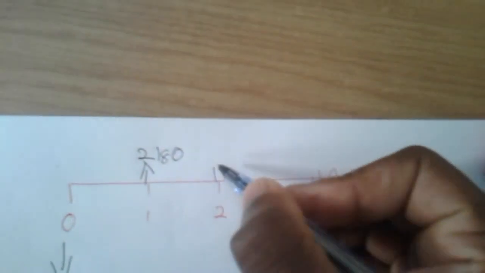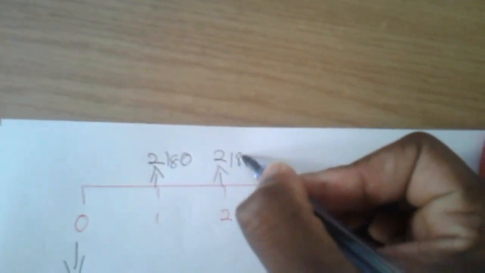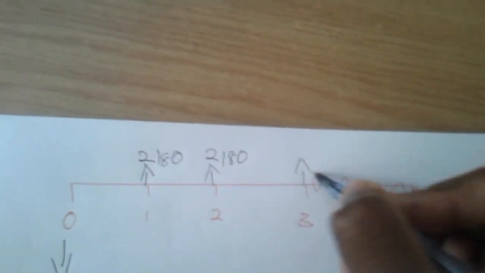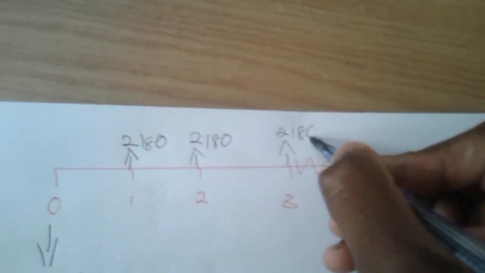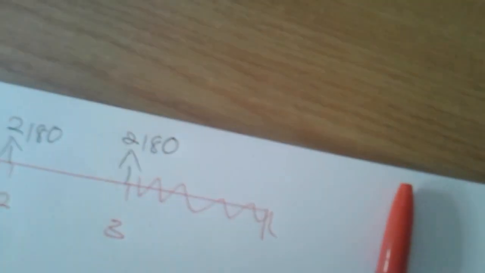Then it is going to promise a return of 2,180 for the next 3 years. So at the end of year 1, I'm going to receive 2,180. Year 2, 2,180. And year 3, 2,180. There you go. Now, what annual rate of interest is earned?